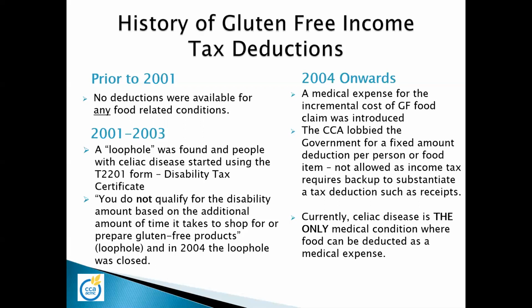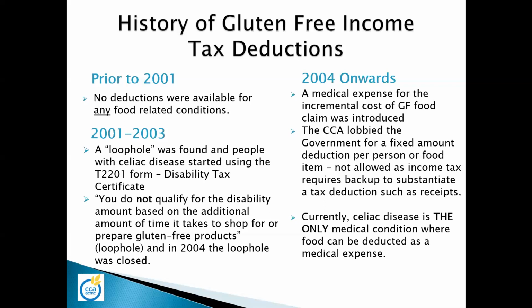contacted Canada Revenue Agency and said, might there be an easier way of doing this? Can we just instead have a set amount for a person diagnosed with celiac disease to claim, like $500, $1,000? Or if you want to continue this medical expense calculation, they will add up the number of bread or the number of pounds of flour or the number of boxes of cookies that they have purchased in a year.